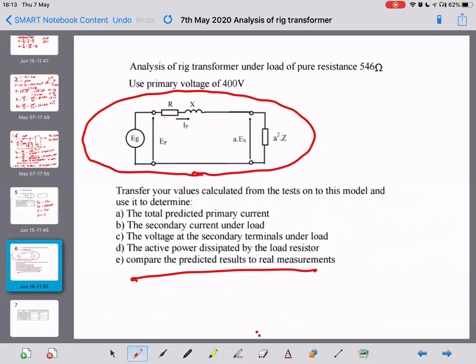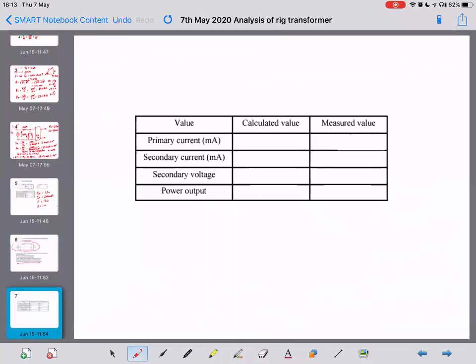And before we do that, I'll go to the last page, and we'll just fill in before we do the analysis, so you know I'm not cheating, what the final measured values were on the real transformer. So this one in milliamps was 274.